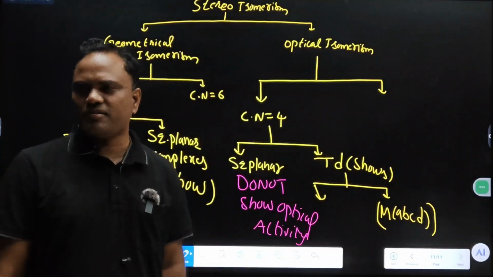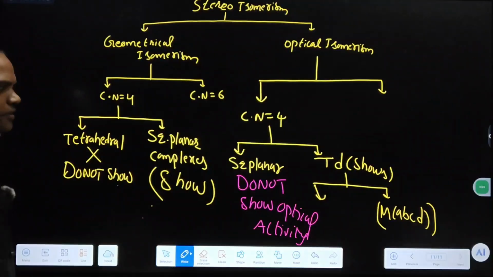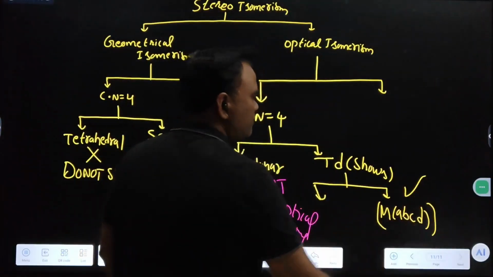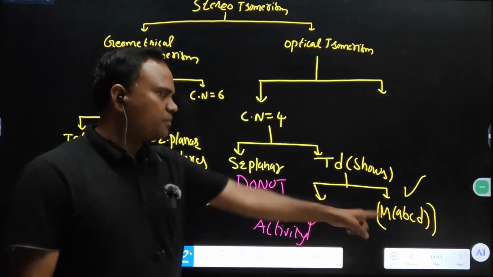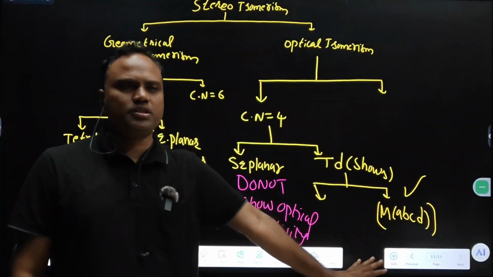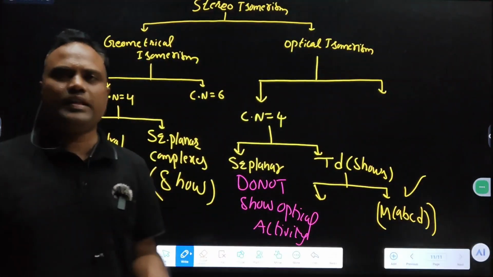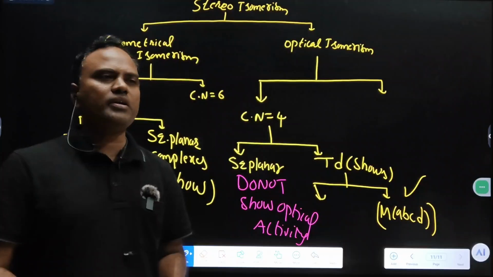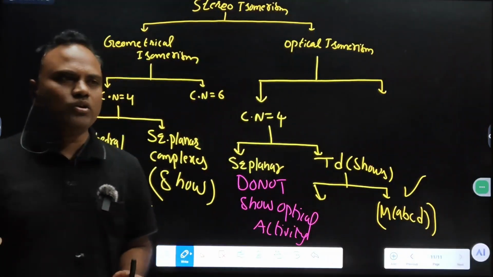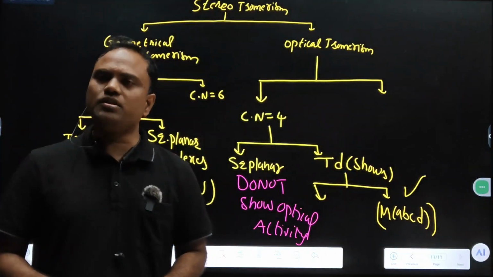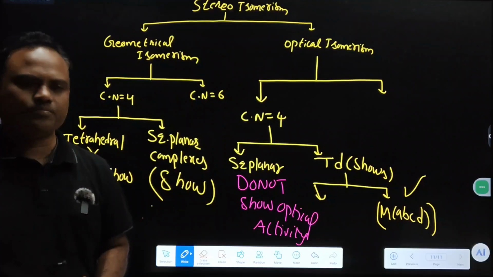Then only tetrahedral complexes exhibit optical activity. Very important point. If a tetrahedral complex is not present in this format, it does not exhibit it. ABCD means the 4 ligands should be different. For example, nickel should be surrounded by 4 different ligands: chlorine, bromine, iodine, water molecule, like that. When 4 different ligands are present in a tetrahedral complex, it will exhibit optical isomerism.